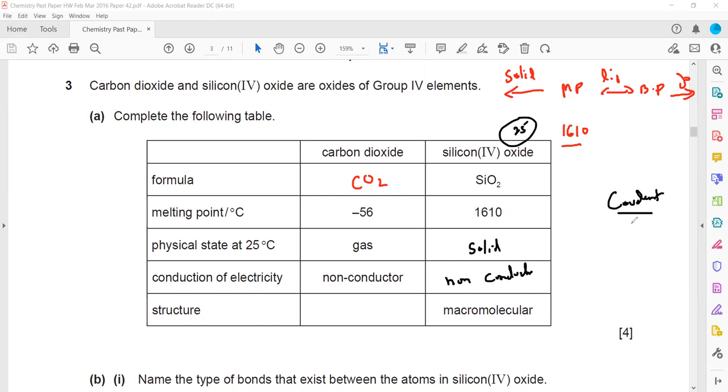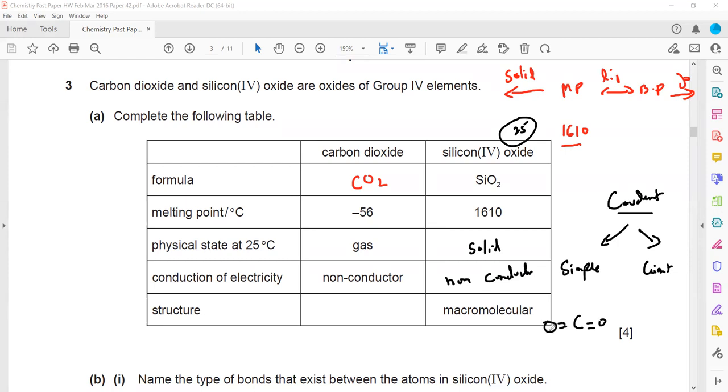Covalent structures are divided into two categories. One is called simple molecular, another one is macromolecule or giant. Simple molecular means having a finite number of atoms, like in carbon dioxide, there is one carbon and two oxygen atoms.